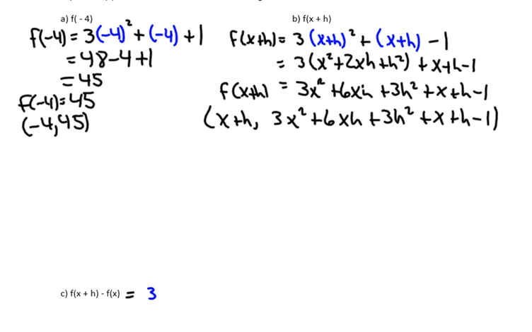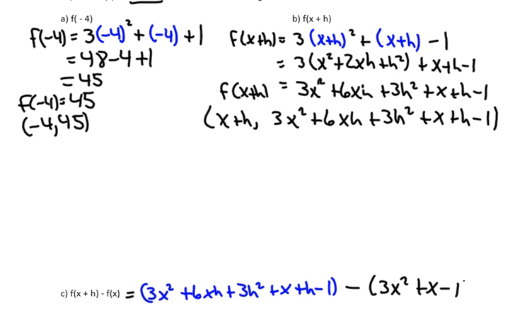That was 3x squared plus 6xh plus 3h squared plus x plus h minus 1, put that in parentheses, minus f of x. Well, we already know what f of x is thanks to the original problem here. That's 3x squared plus x minus 1.